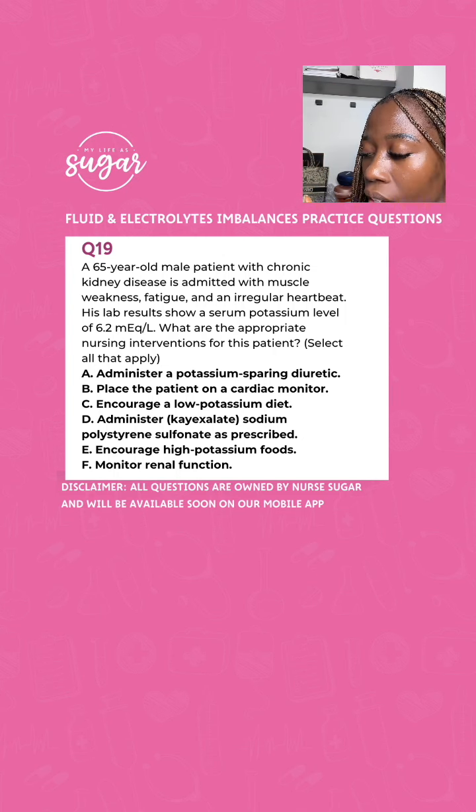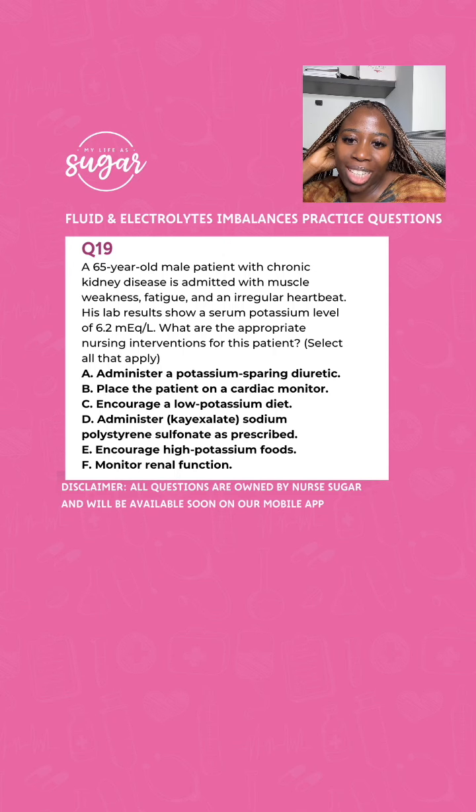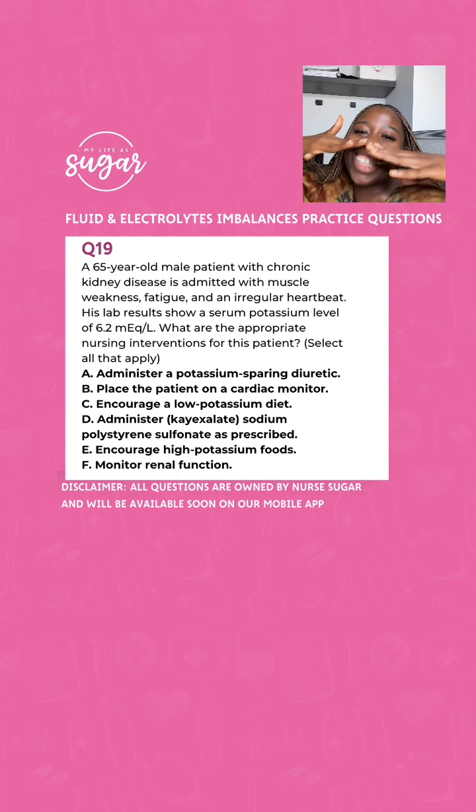All right? They also have a high potassium level. A is definitely not a contender because that's going to make their potassium level even worse. B, you want to definitely put them on a cardiac monitor, right? C, you want to encourage a low potassium diet. D is Kayexalate. Does anybody know how Kayexalate works? Helps expel potassium through their stool.